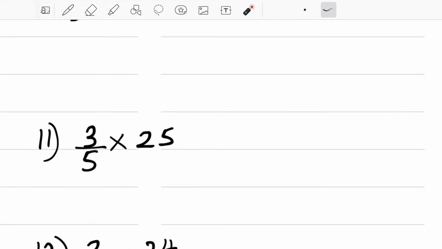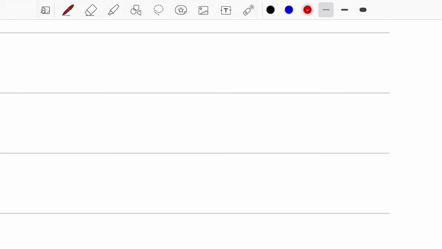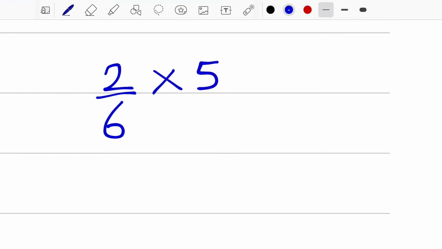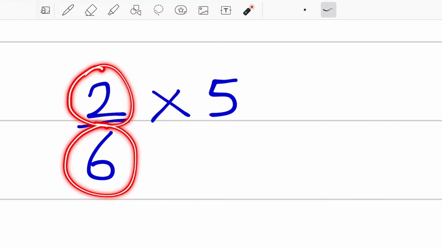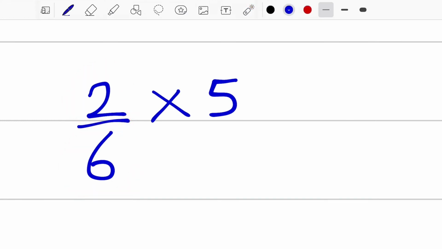So let me do another example. So let's say we have 2 over 6 multiplied by 5. So once it's one number on top and one number below, we can divide by the same number. So we can cancel on top and below even if it's vertical.